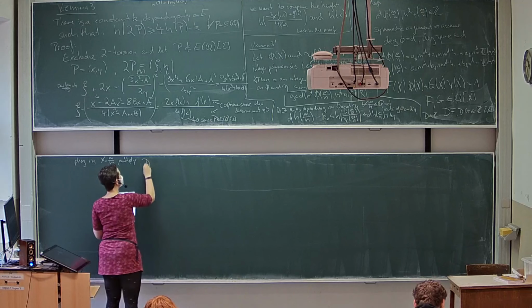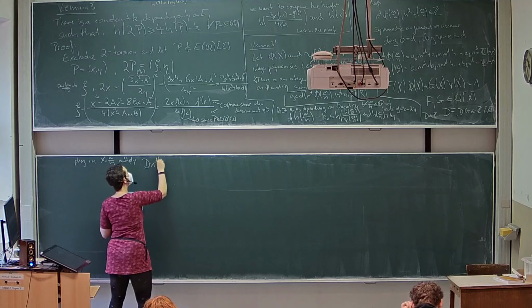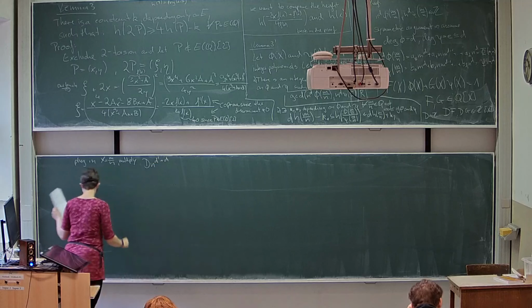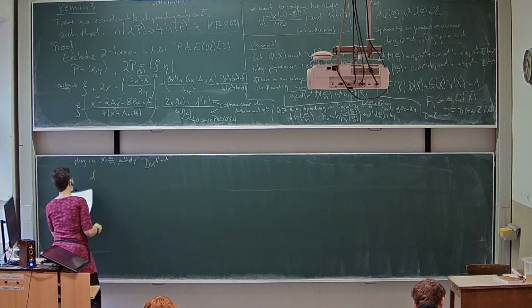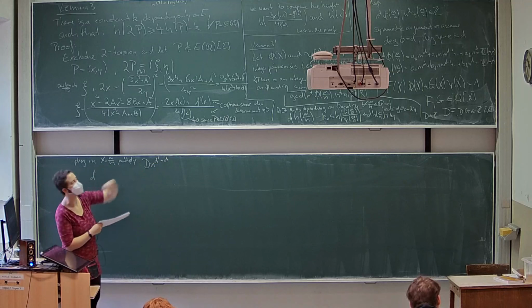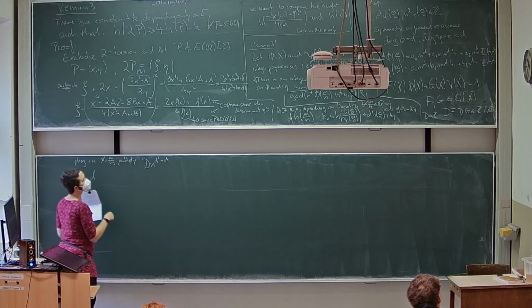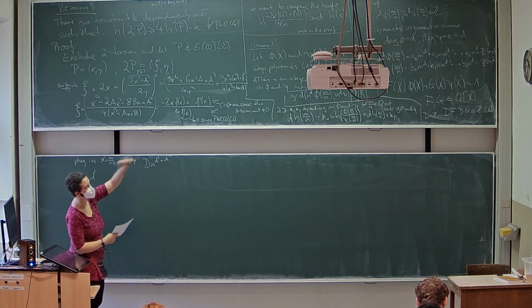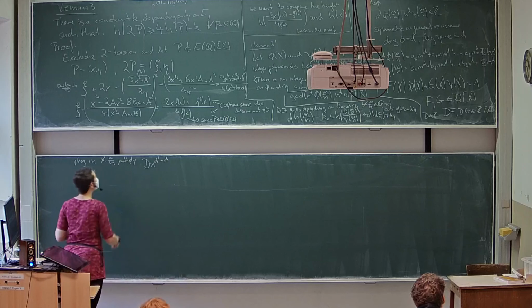Multiply with d times n to the d prime plus d, where d prime is now the maximum of the degrees of f and g. So we can clear out all the denominators there when we plug in m over n.